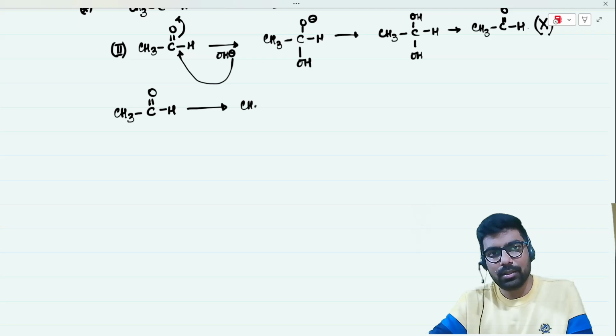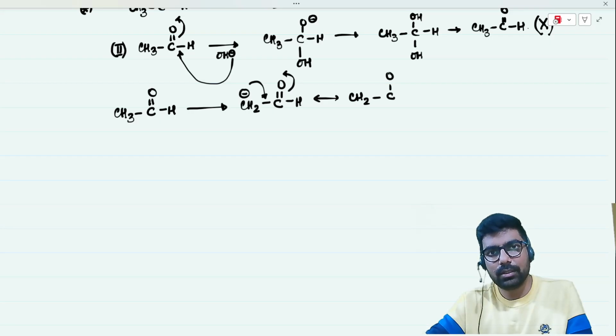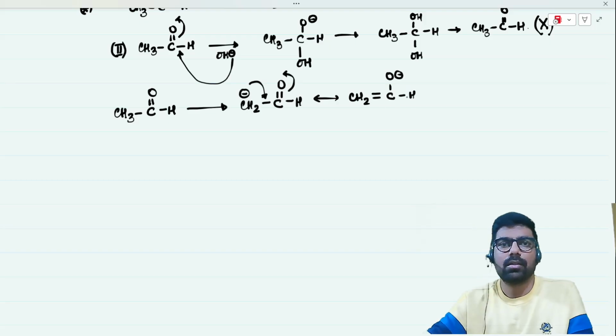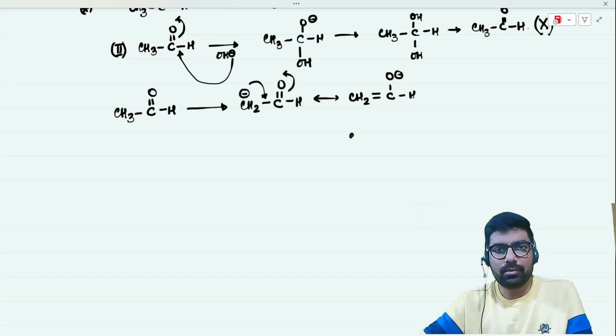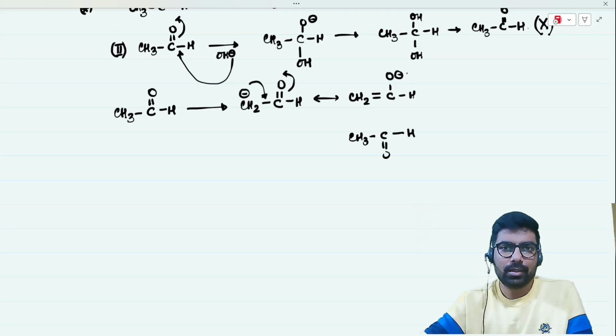have discussed. So CH2 minus is there and C double bond O H, which is undergoing resonance, and we have CH2 C O minus H. Now what we are doing? We have CH3 C double bond O H. Now what we are doing?